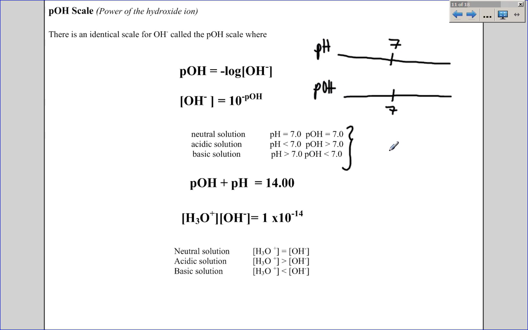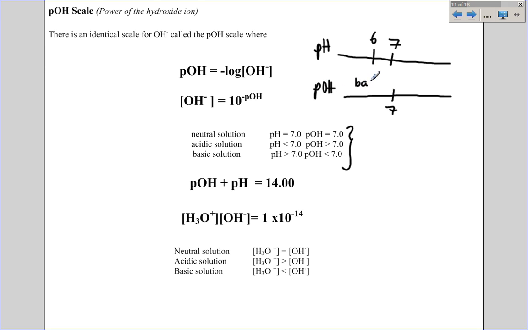And what we want to do is look at the relationship. If we think of an acid that has a pH of 6, it has a certain concentration of H+. The concentration of the hydroxide is going to be lower in that solution. And if we look at these scales, when you have a high concentration of hydroxide, you're going to have a low pOH.